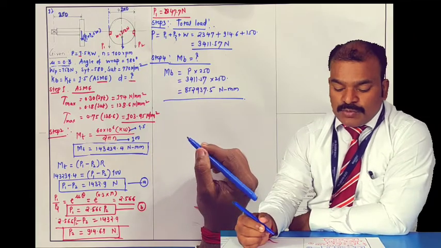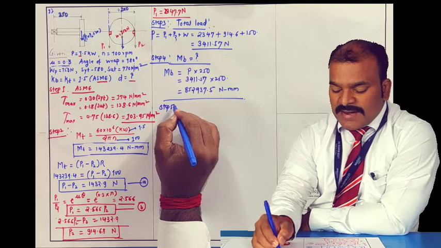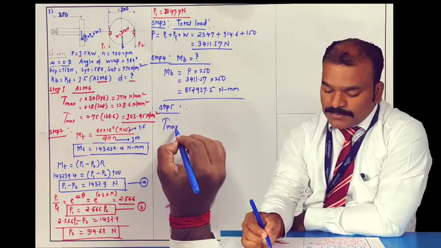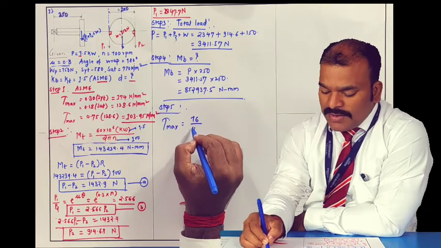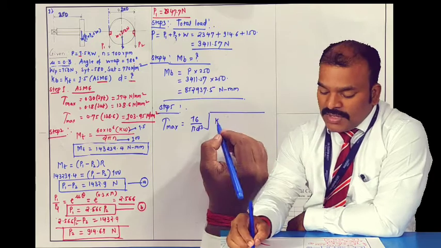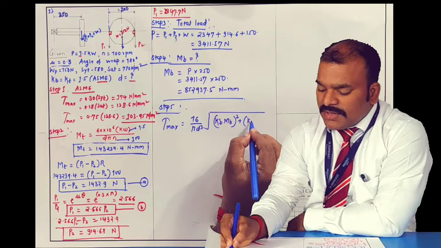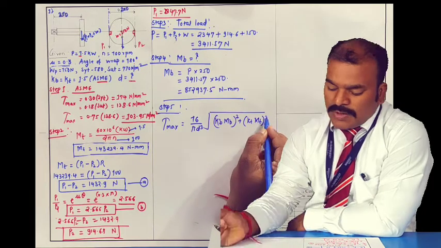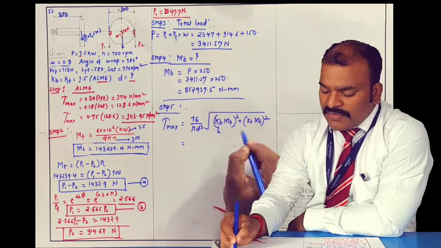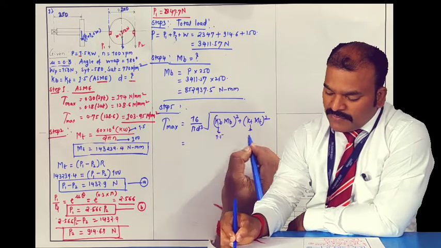So we'll move toward the final equation, as step number 5 suggests. Therefore tau max is equal to 16 by pi d cube times the square root of, here is the ASME code, KB MB square plus KT MT square. While doing this, I will have to use KB and KT. They have given how much? 1.5 each. So 1.5, 1.5.